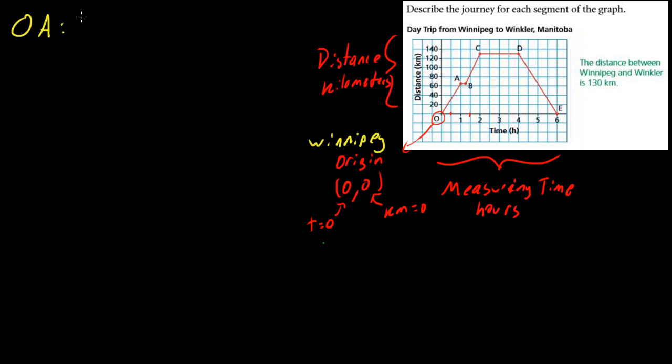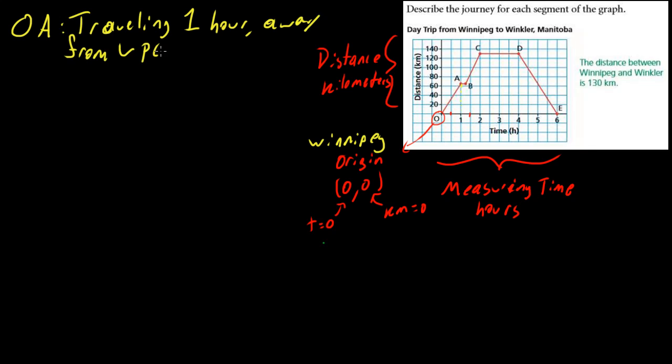So Winnipeg's at the origin, and we're going up to A. Traveling for 1 hour, it looks like. 1 hour, away from Winnipeg. I'll just denote it as WPG. I think everybody knows that abbreviation for Winnipeg. Traveling 1 hour away from Winnipeg covers, you know what, it's right in the middle of 60 and 80.